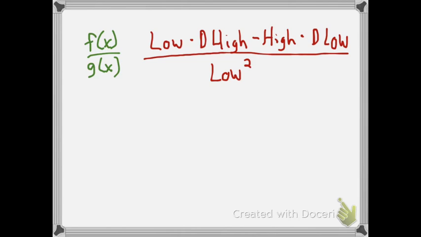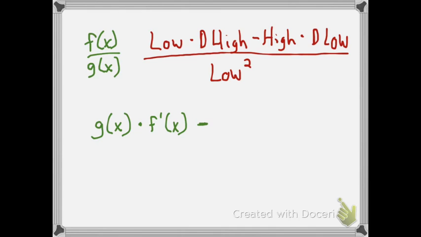So what it means by low is the denominator, so my g of x function. So taking this derivative, I'm going to have g of x times the derivative of the high function, d high. So times, we'll say f prime of x. So g of x times f prime of x is low d high.